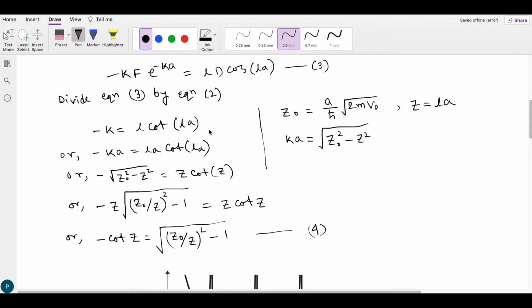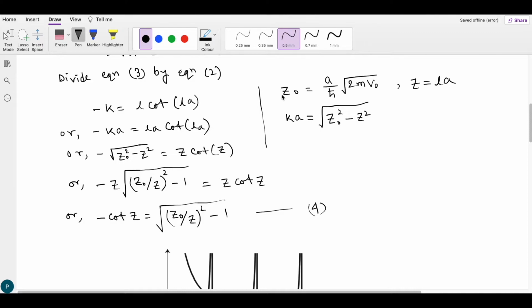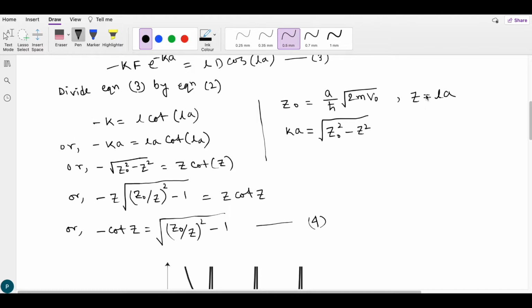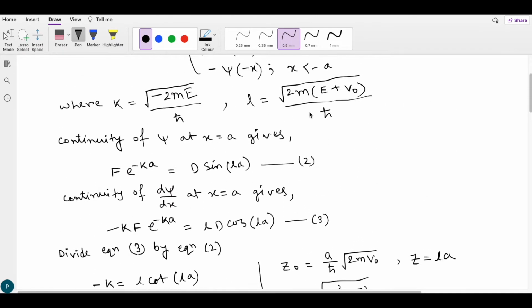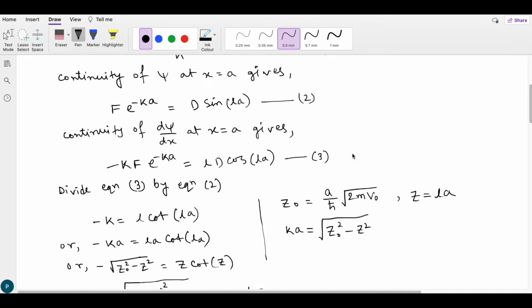Now let's multiply a on both sides of the equation, and remember these values from the previous lecture: z naught is a constant given by a by h cut root over 2m V naught, and z is la, where z is a parameter because it depends on energy, because l is given by root over 2m(E plus V naught) by h cut.